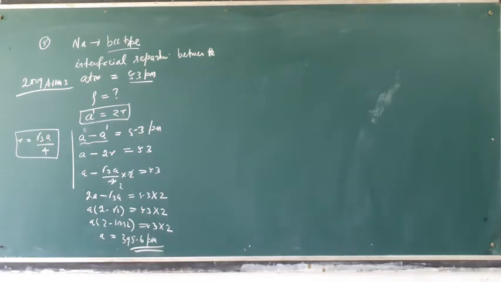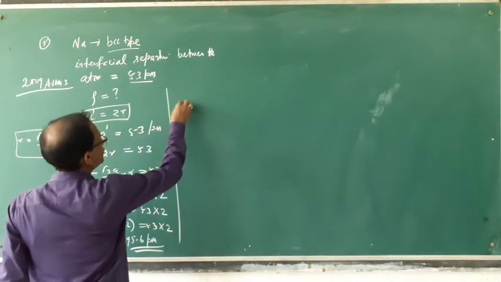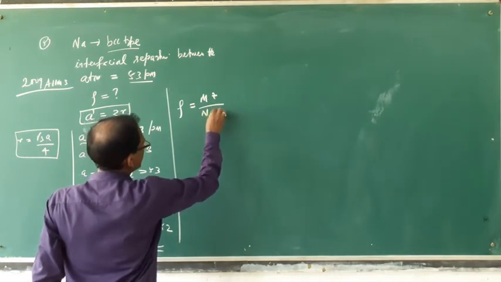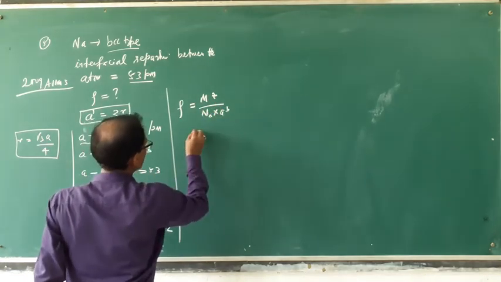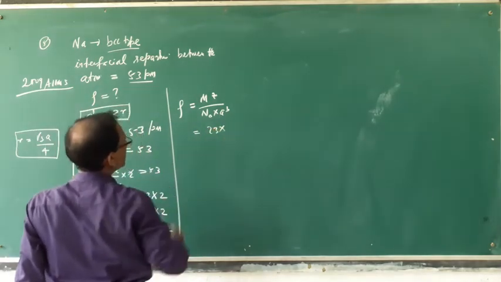When edge length is calculated, then calculate density formula. Density rho is equal to M Z by N0 a cube. What is that? M value is as sodium, M value is 23 into Z value.